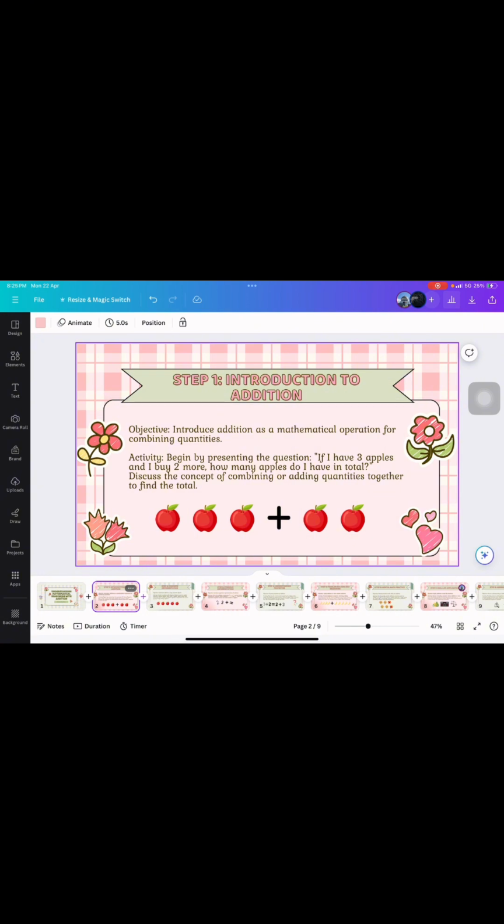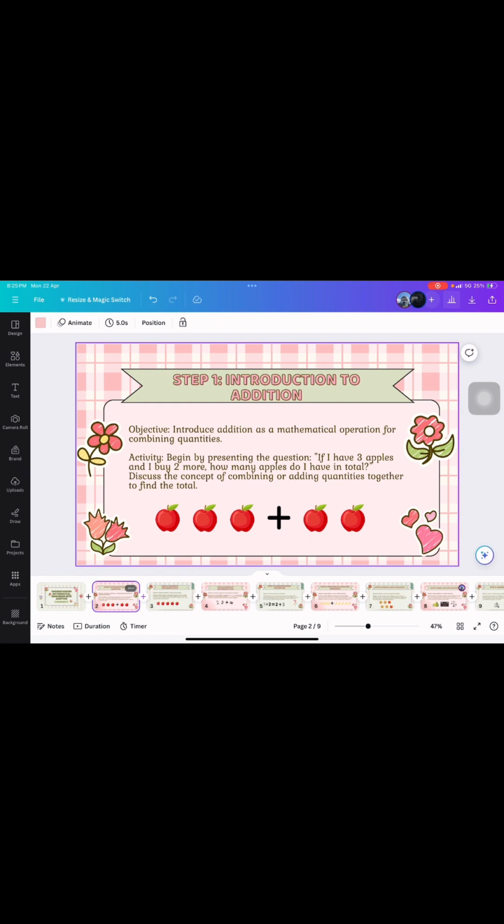The activity: begin by presenting the question, if I have 3 apples and I buy 2 more, how many apples do I have in total? This is the example question that I chose. Discuss the concept of combining or adding quantities together to find the total.